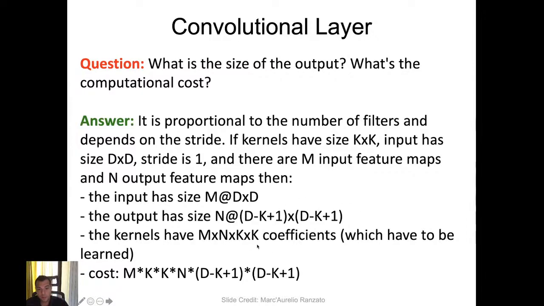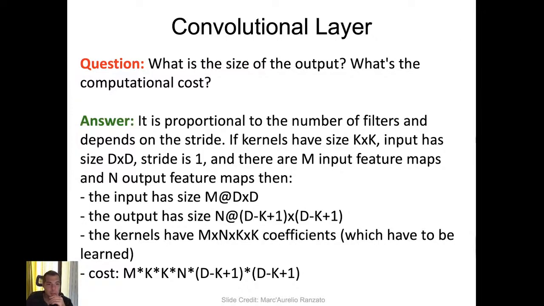And also the number of parameters: the filters are k by k by m, and we have n of these filters, so this is the number of coefficients that need to be learned. Actually it's m times k times k, plus 1 from the bias, then times n. Probably we should remember that.